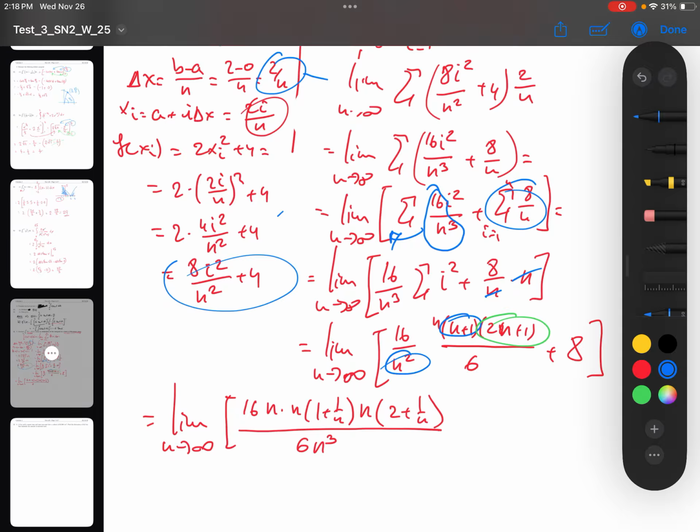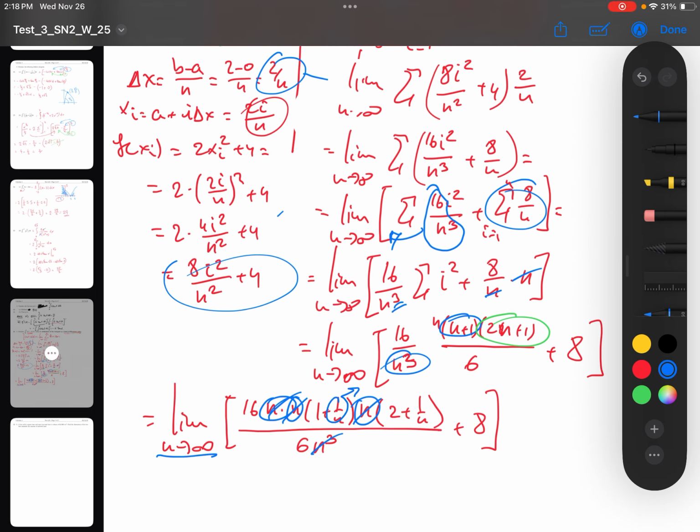And here I've realized that I made a mistake. I didn't copy n cubed, but I copied wrongly n squared. This is n to the power 3, plus 8. Now we have to cancel. n times n times n is n cubed, which cancels out with the denominator.